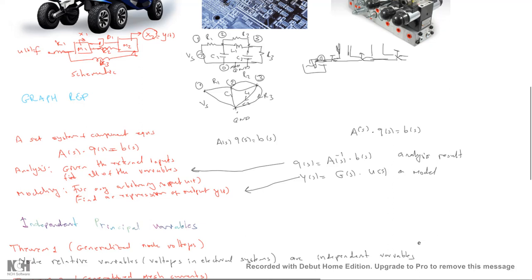Regardless of the domain of the physical system, it can be mechanical or electrical or hydraulic or whatever, as long as they are linear and time invariant, we are going to get this schematic, and if we obtain this graph representation, once we have it, the set of equations we need to create will be independent of the domain of interest.